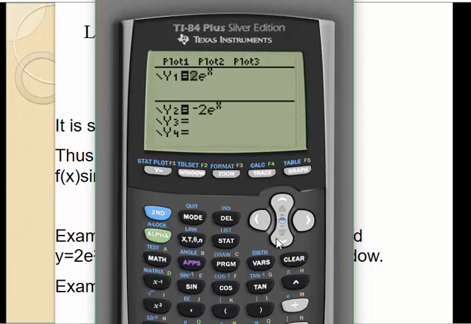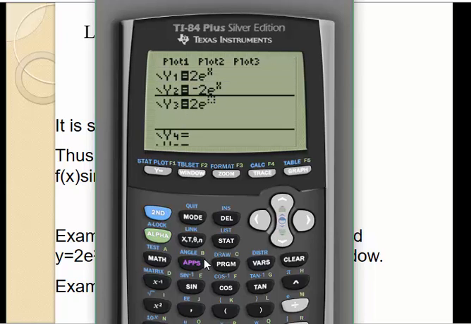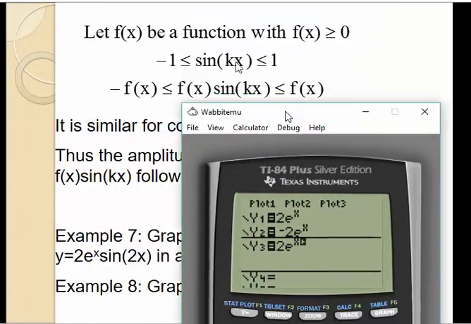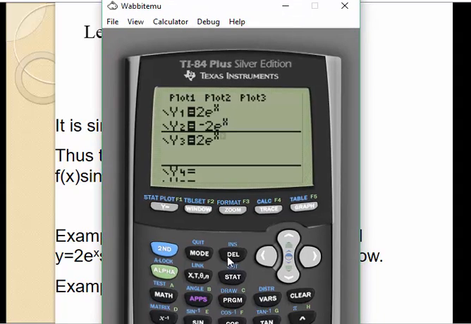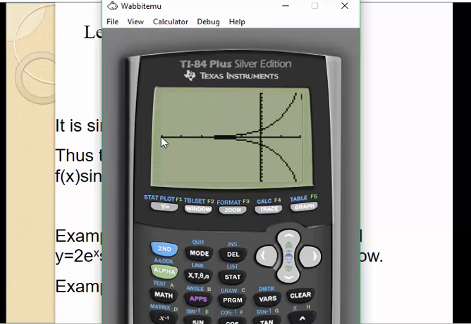And then finally, the whole point here is if I do 2e to the x times a trig graph, we're going to do sine 2x, and the 2 just changes the period, but we get a graph that oscillates between those two graphs. And it's hard to see a lot of this graph. If you zoom out further, you'll see it just keeps bouncing between them over and over.